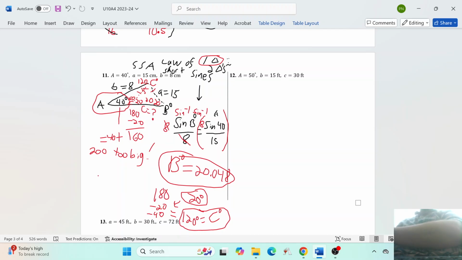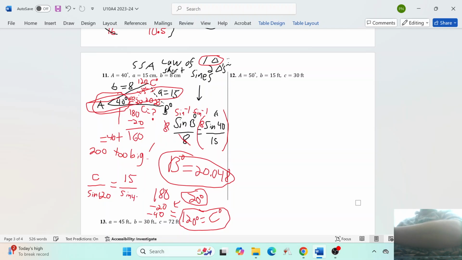So then we're going to do little c over sine of 120 degrees is equal to, let's do the angle A with little a, so that's 15 over sine 40.